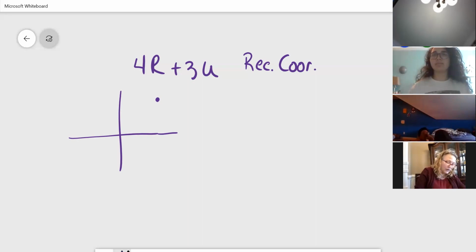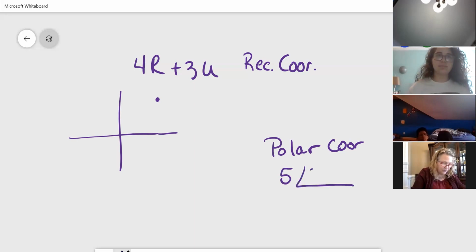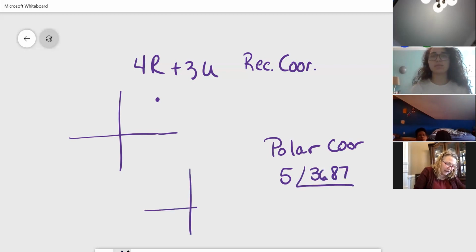Okay, with a polar coordinate, the polar coordinate is going to tell me this right here. With the polar coordinate, I'm going to get the idea that I'm going up 36.87 degrees and I'm going out 5 units.